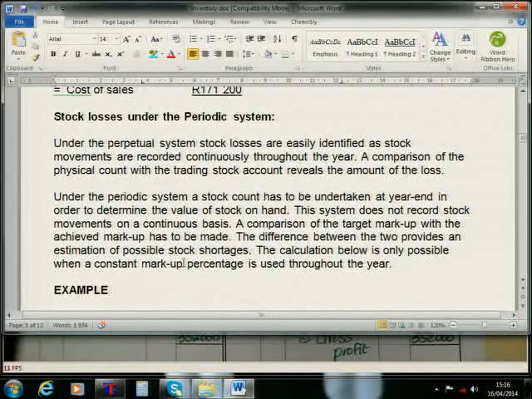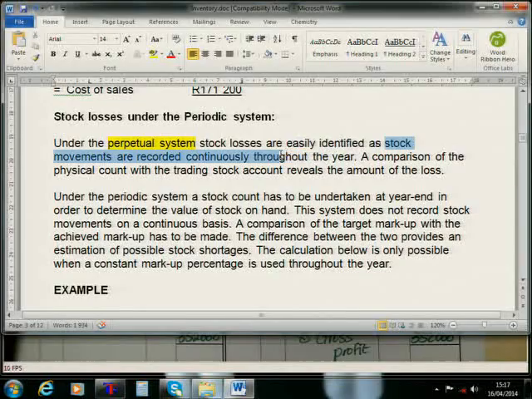Under the perpetual system, stock losses are easily identified as stock movements are recorded continuously throughout the year. A comparison of the physical count with the trading stock account reveals the amount of loss or surplus.